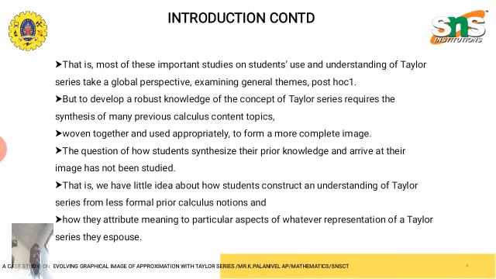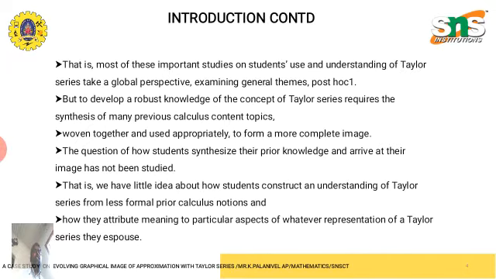That is, most of these important studies on students' use and understanding of Taylor series take a global perspective, examining general themes.